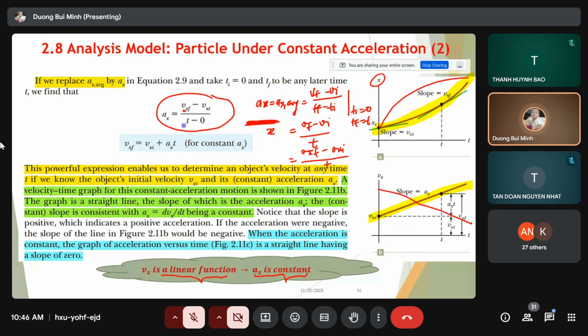The second one: because Ax is constant, Vx is linear. So this is the equation of velocity, right?